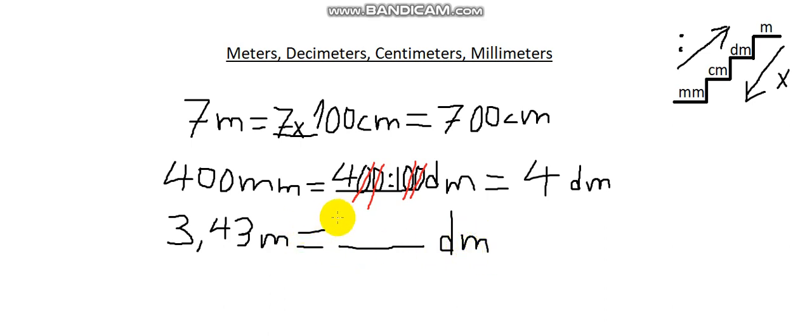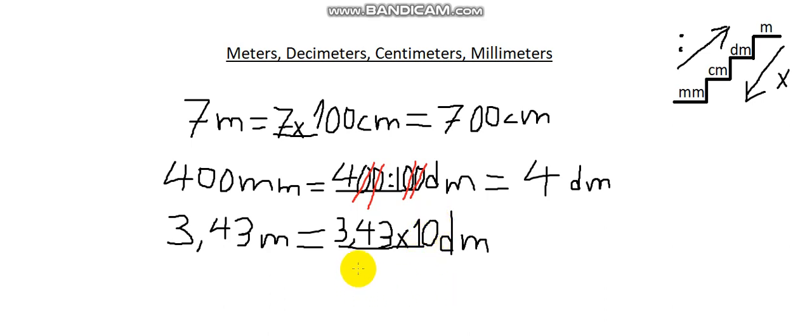I would take 3.43. Since I'm moving down the ladder from meters to decimeters, that would mean I have to multiply. Since I'm taking 1 step down, I would multiply by 10.